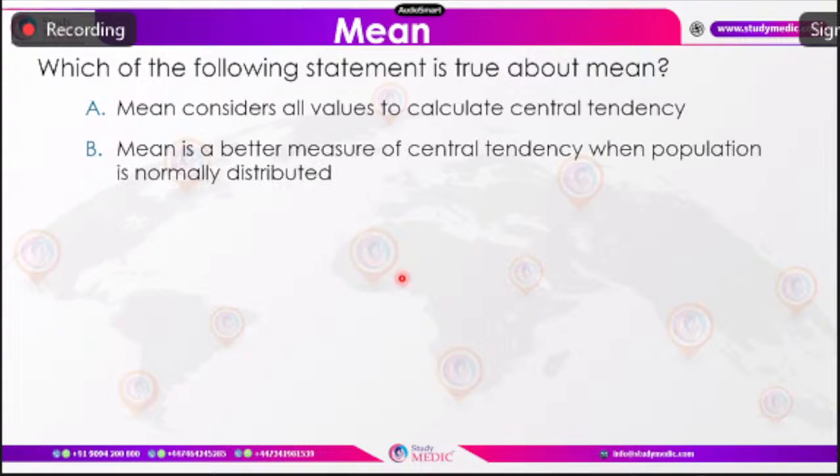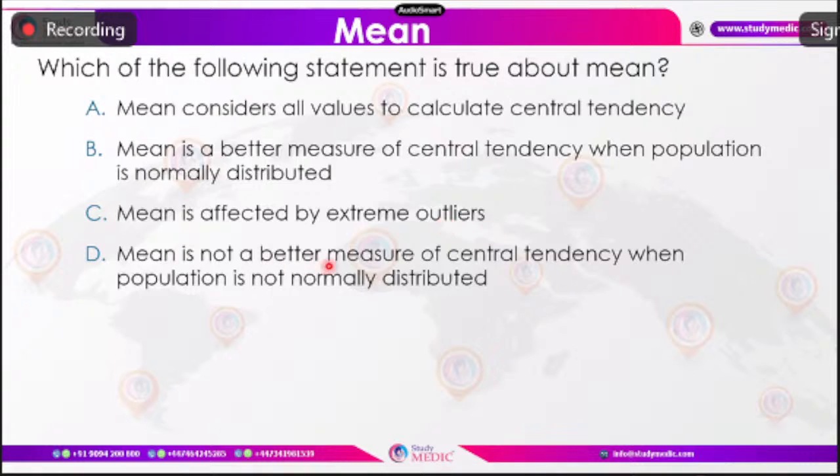The mean is a better measure of central tendency when the population is normally distributed. So it is also yes, because a normally distributed population will not have extreme outliers. The mean is affected by extreme outliers. This is also true.